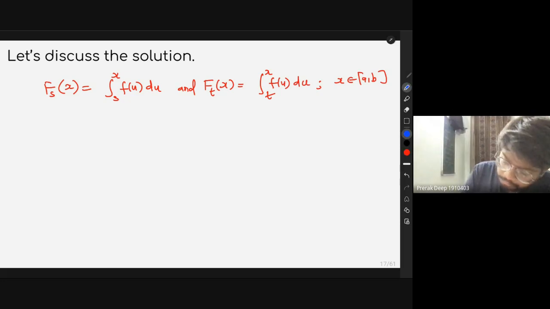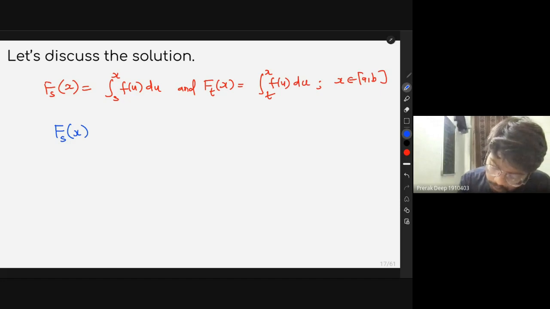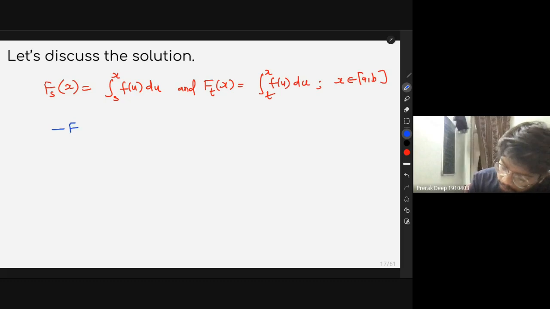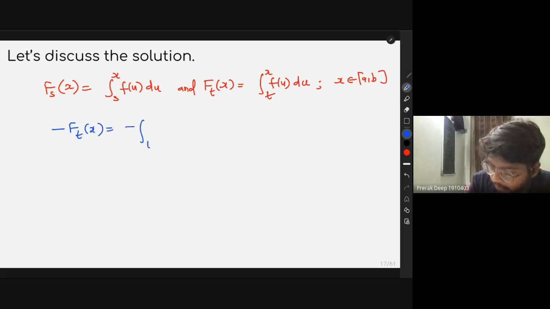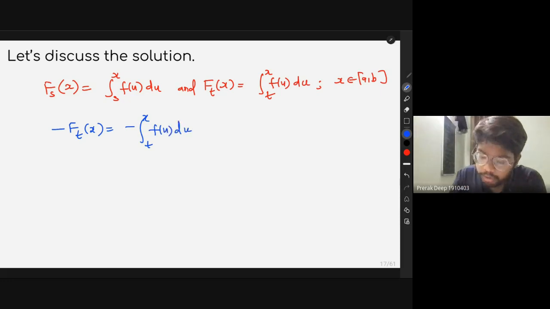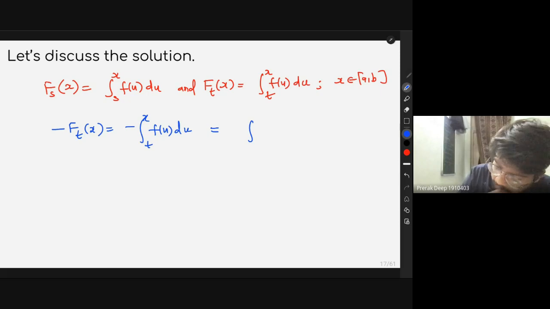So if I consider minus of ft of x, that means minus of the integral from t to x of f of u du, what happens is that the limits are going to interchange.